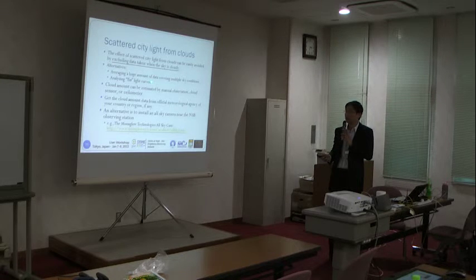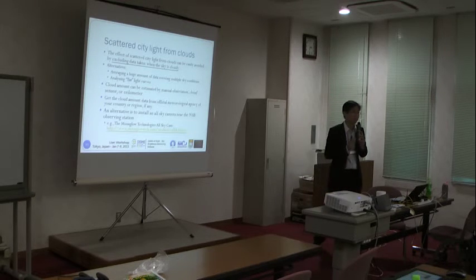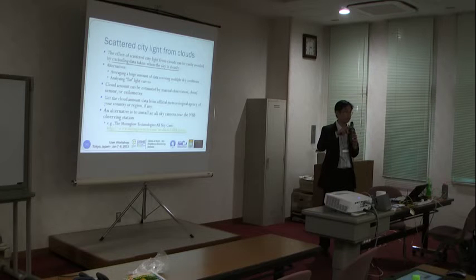Or, as we saw before, the cloud will affect the data, and you see from the light curve there are some bumps or sparks. We believe that they are caused by a small cloud coming in, then the sky brightness goes up, and when the cloud goes out, the sky will be darker.